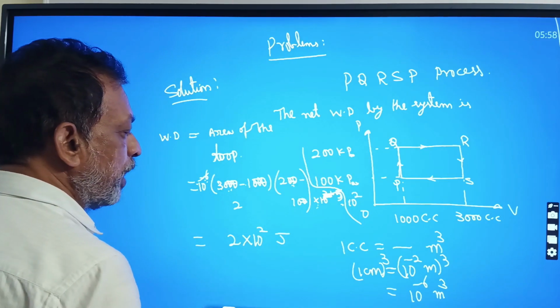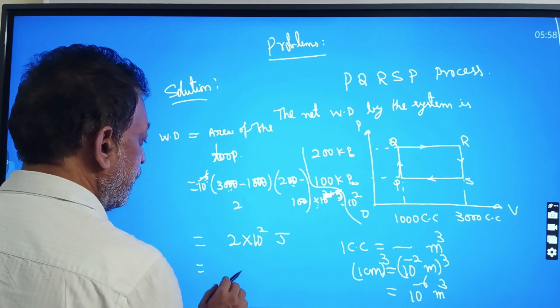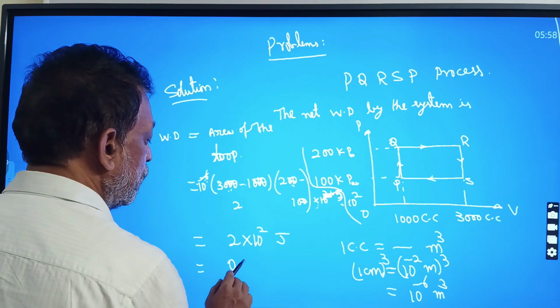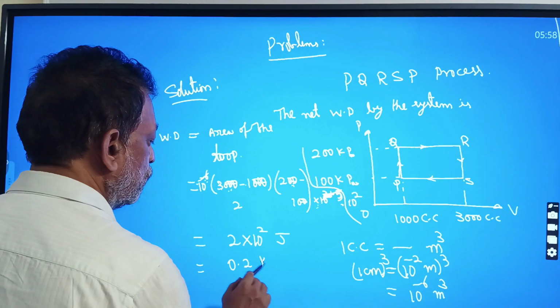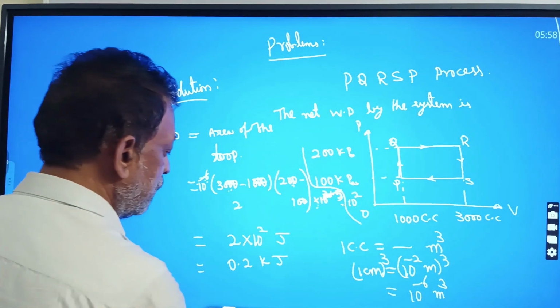So I can keep kilo as it is. Kilo is not important. 0.2 kilojoule. Okay. Are you understanding?